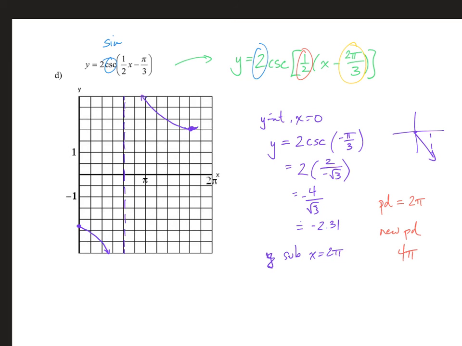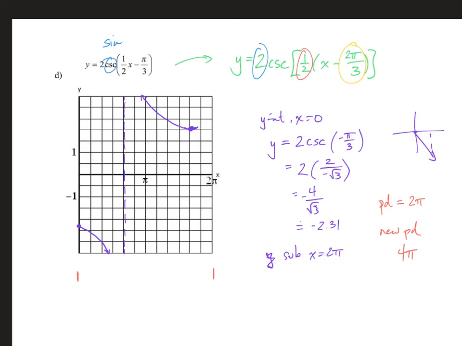However, I do know that because I'm graphing from 0 to 2 pi, that's half of my period, that I should get half the picture. And if we've been comfortable with our cosecant graph enough, then we know that those branches are somewhat symmetrical. They have the same shape.